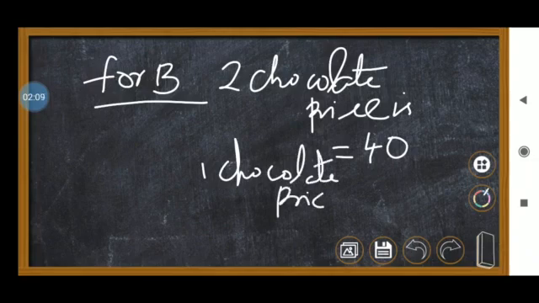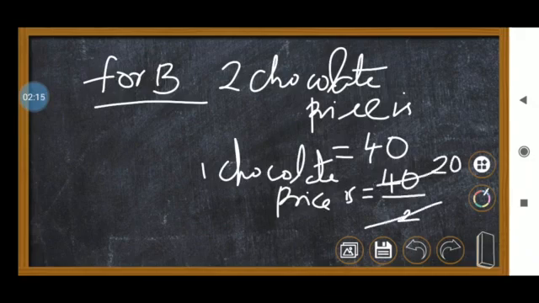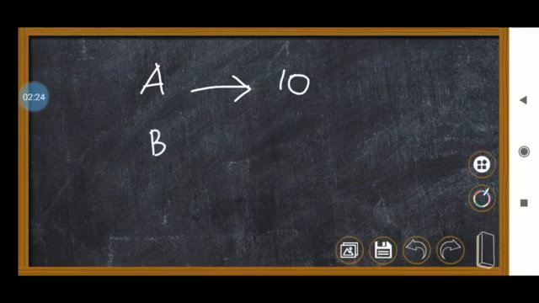One chocolate price is 40 divided by 2. One 2 is 2, twenty 2s are 40. So A spent 10 rupees for one chocolate, and B spent 20 rupees.